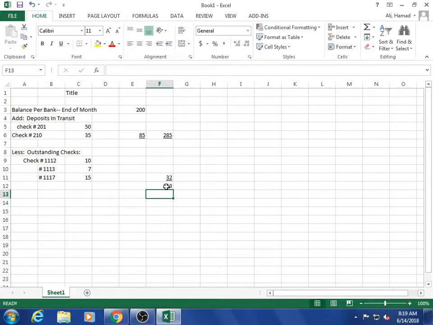So this is your adjusted balance per bank. Let me put it right here, 253. And that's called adjusted balance per bank. That's the correct balance.